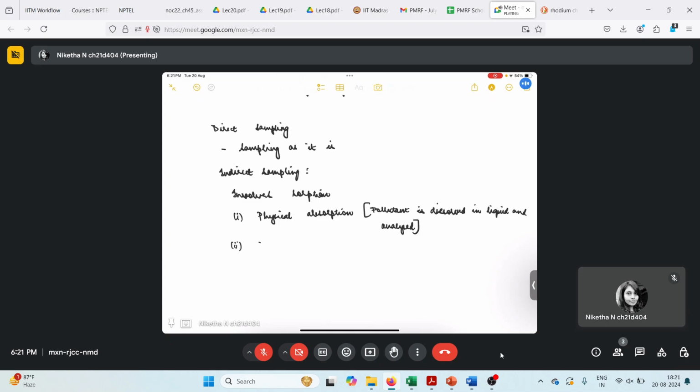The other one is chemical absorption, in which the pollutant reacts with the absorbent and the resulting product is analyzed.